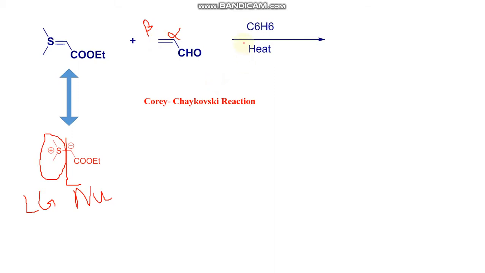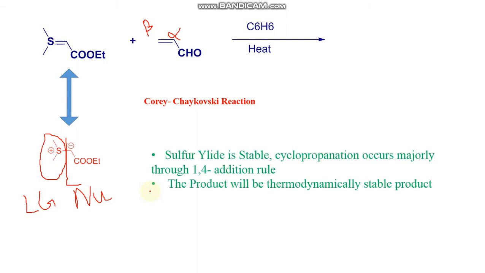Now one thing you can understand is that these are heating conditions. So this is a thermodynamically stable condition and it will take a long time, and I am saying this is a stable sulfur ylide. So this helps us make a statement that the sulfur ylide is stable.